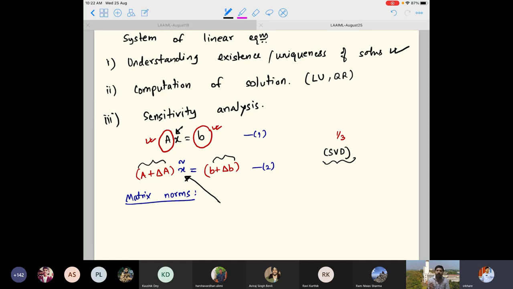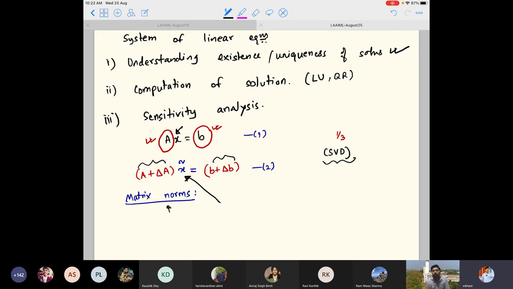And that condition number has a very beautiful geometrical interpretation that we can learn through matrix norms, their connection with these condition numbers, and how SVD comes into the picture, and how we can derive beautiful results about how far x tilde will be, what all it depends on, and things like that, right?